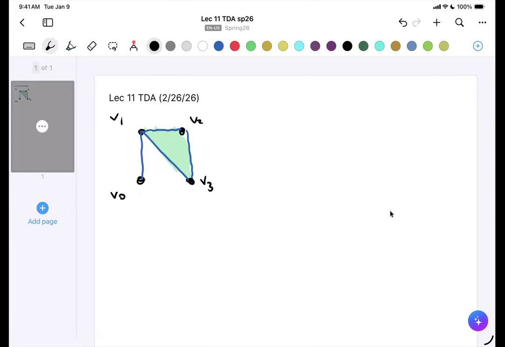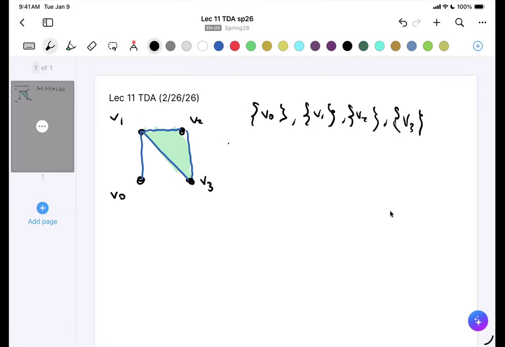So the complex, at a combinatorial or set theory level, can be written as a list of entities: you write a set for each of the vertices, and the edges you can think of as defined in terms of pairs. So there's an edge that goes from V0 to V1.